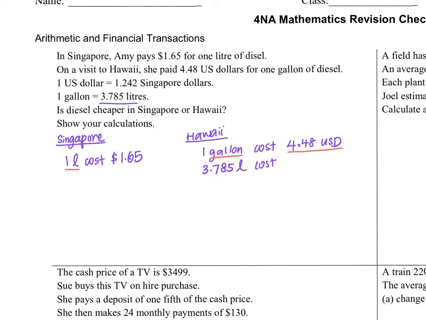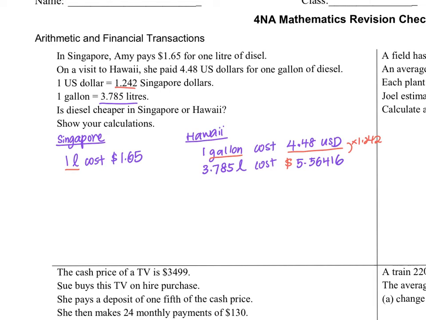So what I can do is change the USD to Singapore dollars. Now 1 USD costs 1.242 Singapore dollars. So to convert USD to Singapore dollars, I will need to multiply by 1.242, and that gives me this amount of money.